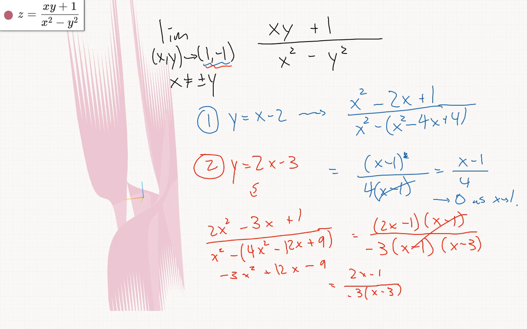And now we can just plug in. So as x goes to 1, this goes to 1 over negative 3 times negative 2, which is 1 over 6. And so since these two answers do not agree, we get that the original limit does not exist.